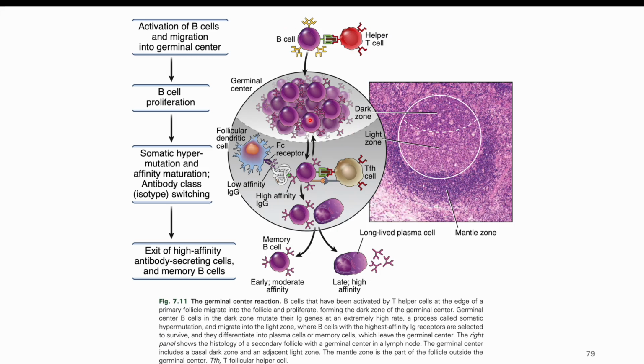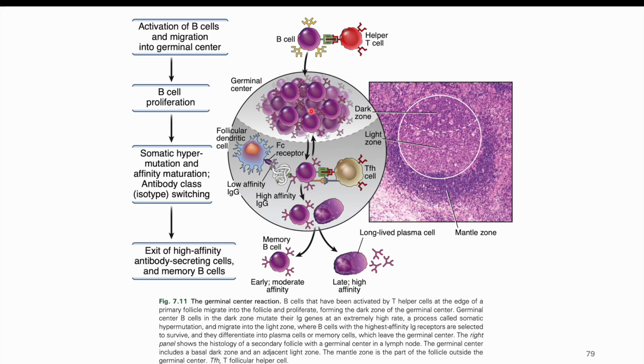So in the dark zone of the germinal center, the B cell will proliferate at extremely high rates after getting help from the helper T cell. Once they are there in number, then what will happen? Somatic hypermutation will happen, and in somatic hypermutation, basically they mutate their Ig genes.